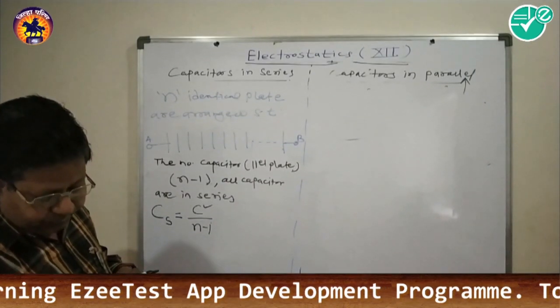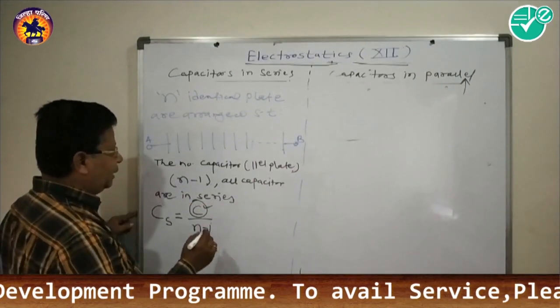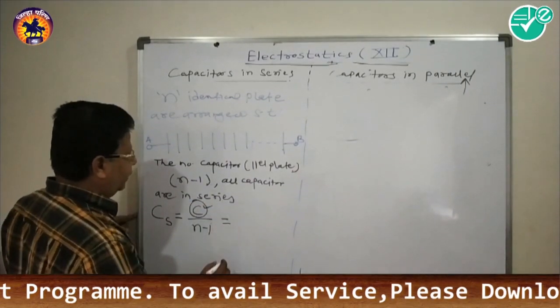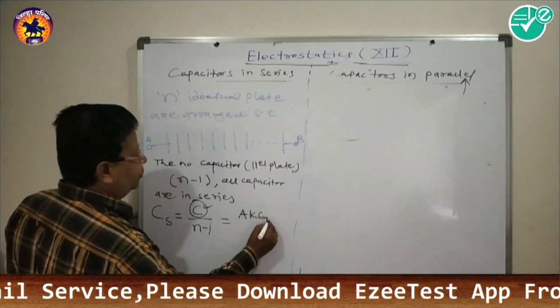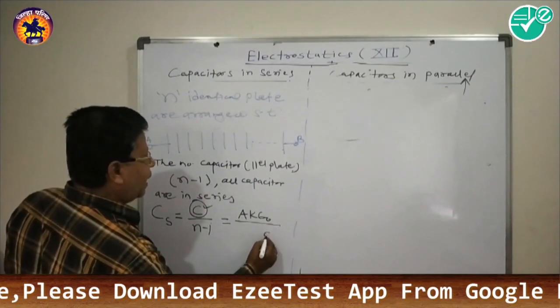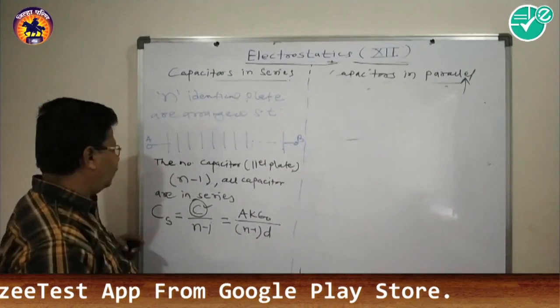And if we substitute the value of the capacity of parallel plate capacitor filled with dielectric, then the value of this C is A K epsilon 0 divided by d, and in the denominator the term is n minus 1.